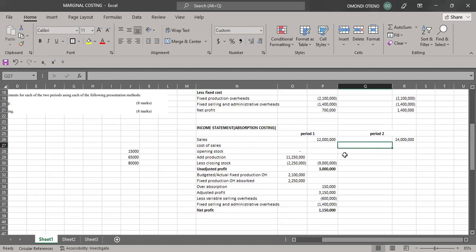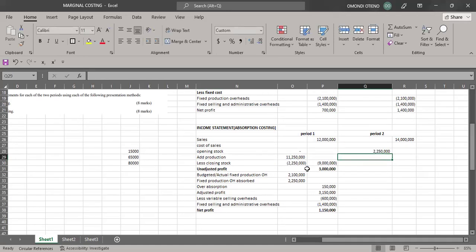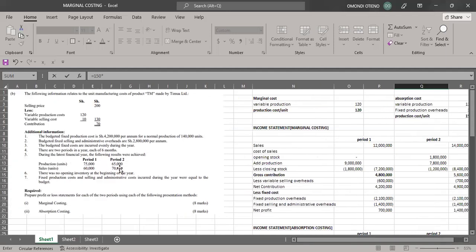So in period 2, we now have our opening stock. Your opening stock is very simple, it is equal to the closing stock. Then I add production. How many units were produced during the year? The production cost is 150, multiplied by what was produced under period 2, which is 65,000. 65,000 plus the opening of 15,000 gives us 80,000, minus what was sold.